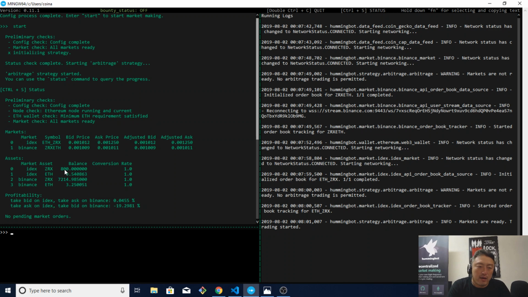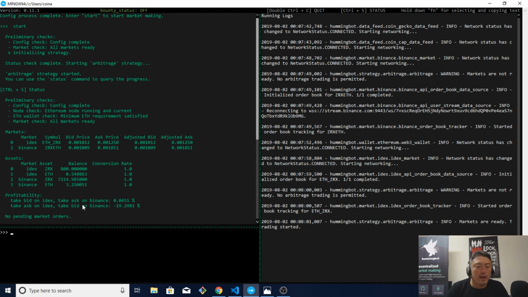You can see I've deposited some 0x into the IDEX smart contract along with some Ether. In Binance, I also have some 0x and Ether as well. That's what makes arbitrage possible. Generally speaking, arbitrage opportunities don't last very long, so you have to have inventory sitting around in case an opportunity comes up.